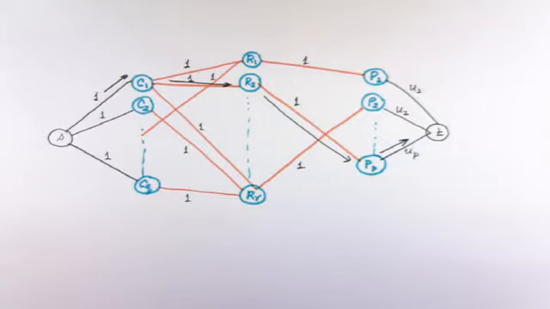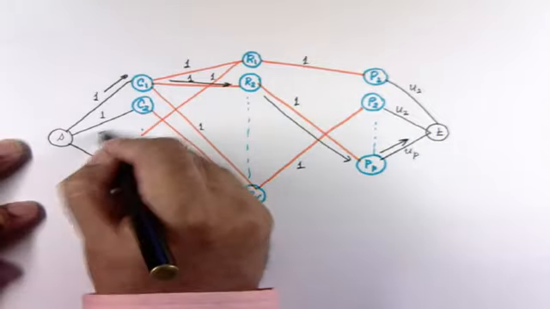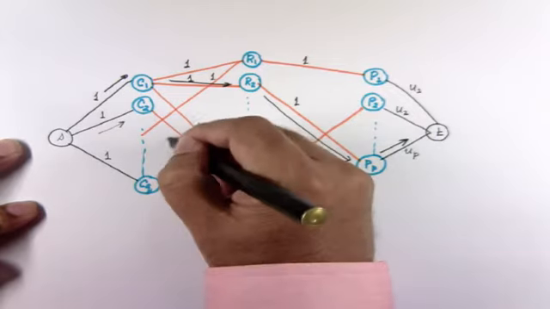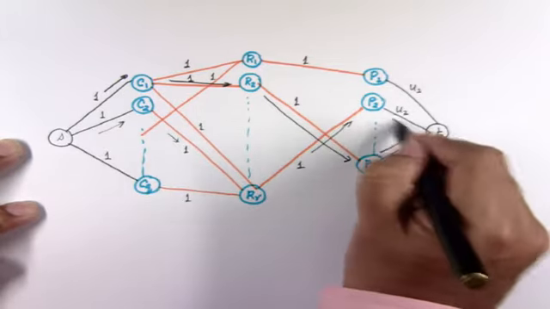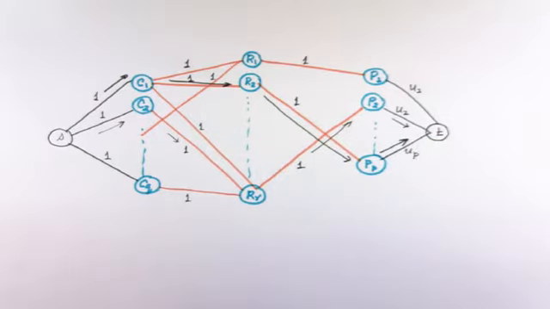For club 2, let's say club 2 nominates this person, now club 2 is happy. If all the clubs are happy, then you have solved the problem, right?